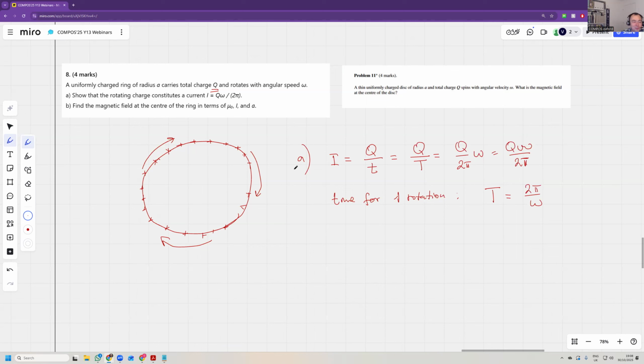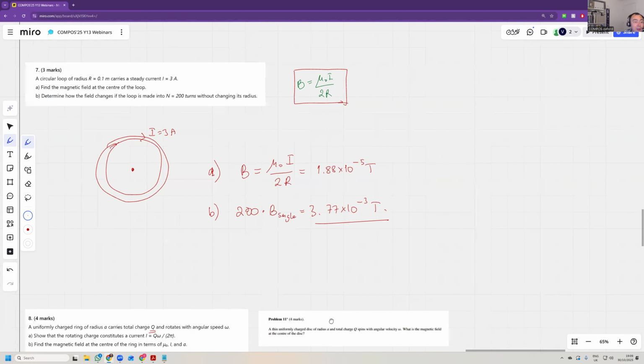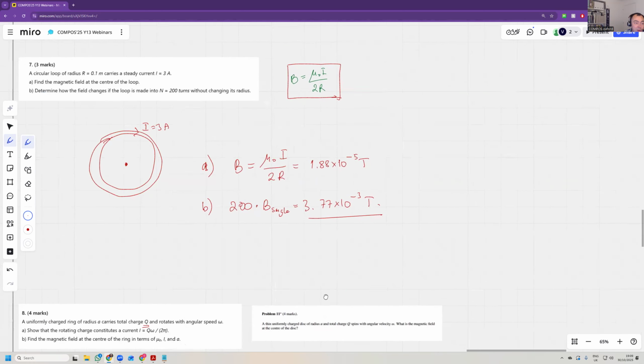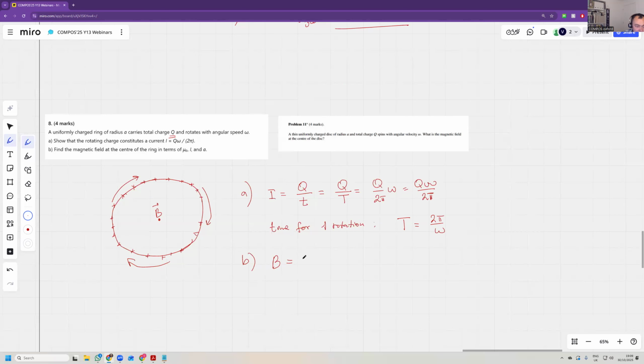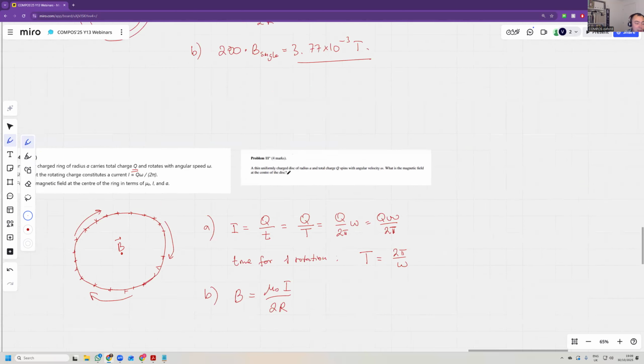Now, if I do the second part, find the magnetic field at the center of the ring, it becomes really basic, because we know that the magnetic field at the center of the ring is equal to mu 0 I divided by 2r.